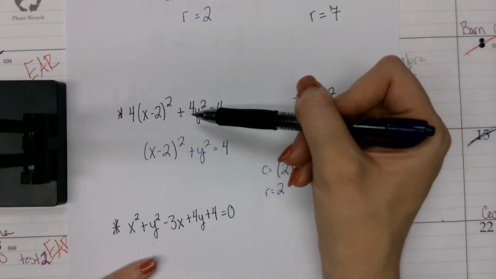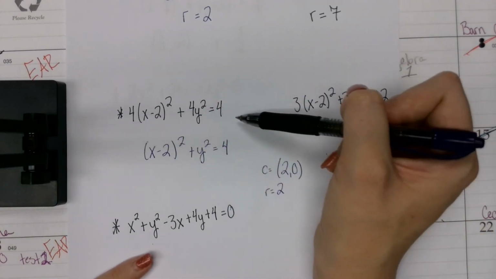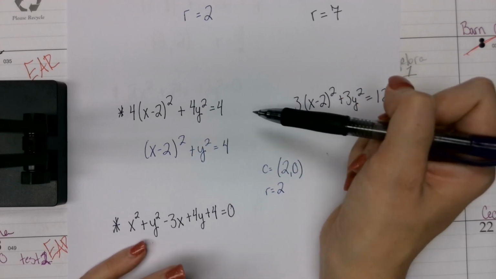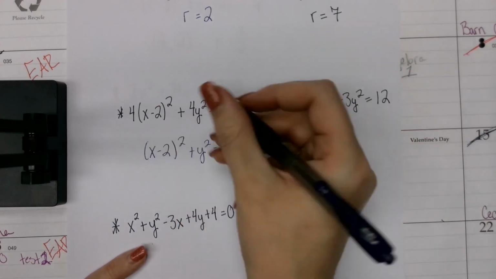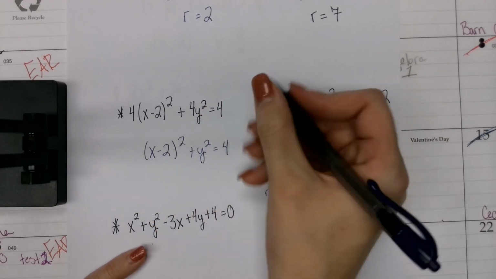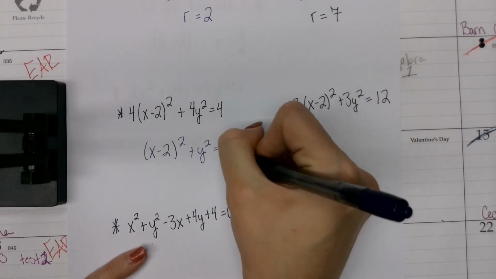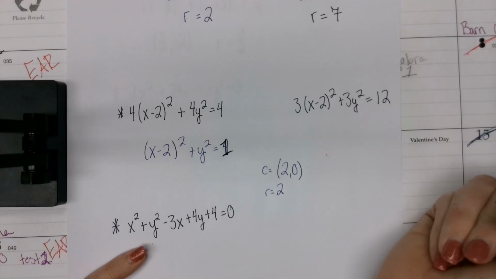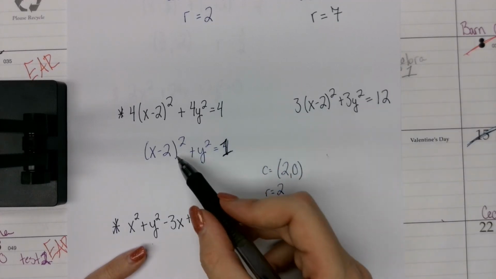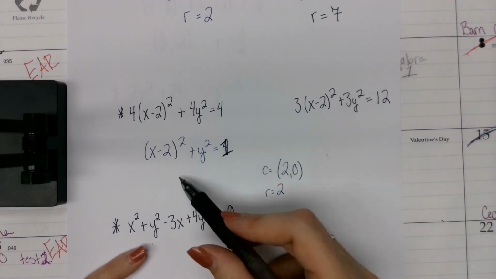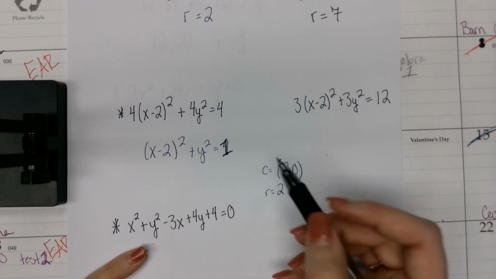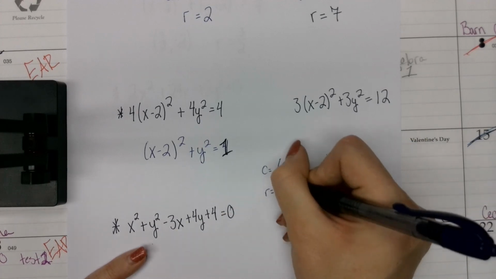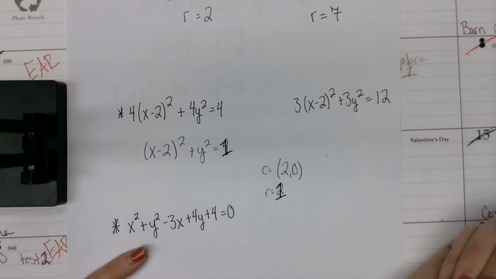On this one, I could factor out a 4, and I didn't put my 4 anywhere, and actually this one's wrong. When I factored out the 4, I divided this by 4, and this should have been divided by 4 as well. So then my center would be (2, 0) because it was subtract 2, and the radius, the square root of 1, would have been 1.